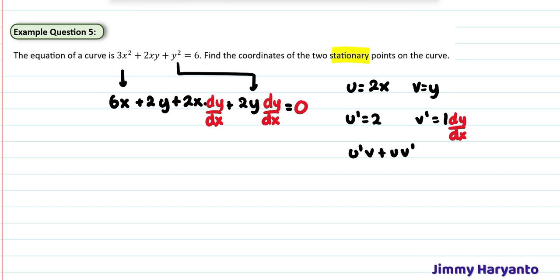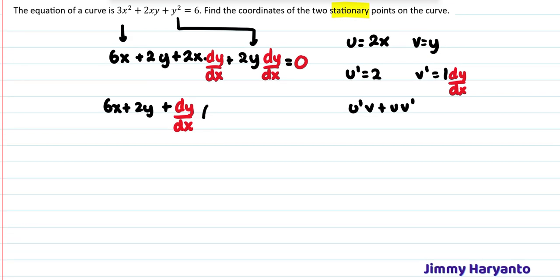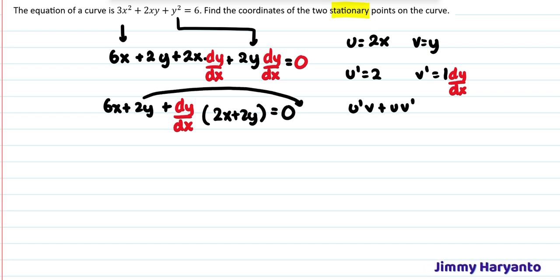Okay, so in implicit differentiation, you have to differentiate all of them, including the equal to something. Yeah. And then this one is 6x plus 2y. I want to separate the dy over dx, so I will factorize it like this: dy over dx, and then open brackets 2x plus 2y equals 0. And then I will move this to the other side.